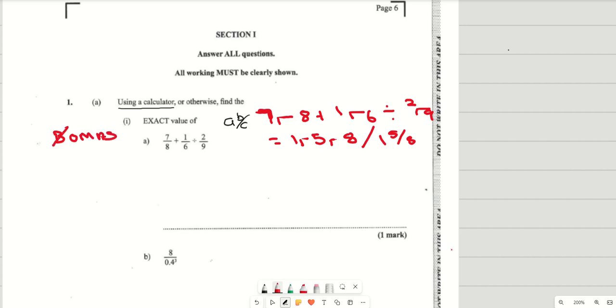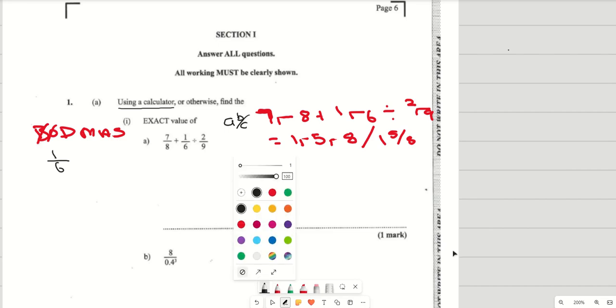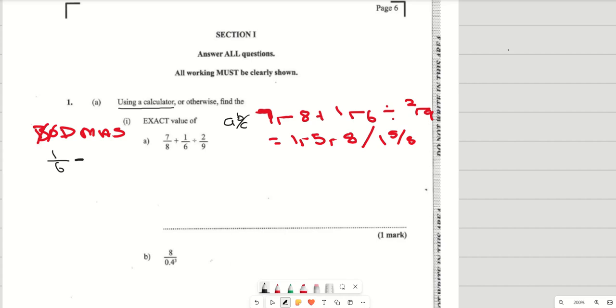There are no brackets and no of, but there is division. So the first thing you'll be doing, if you're doing it manually, is 1 over 6 divided by 2 over 9.